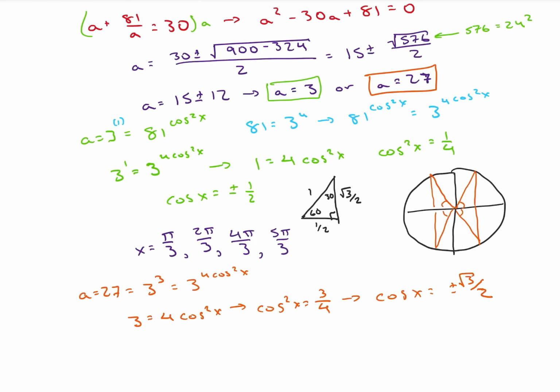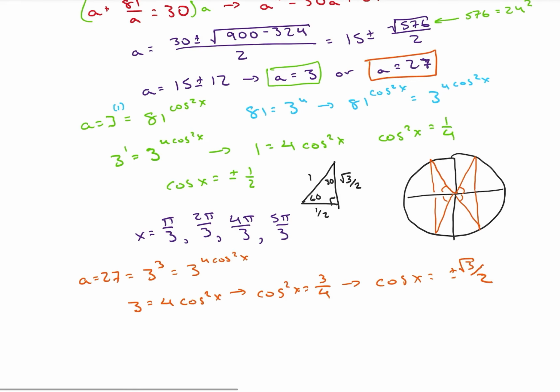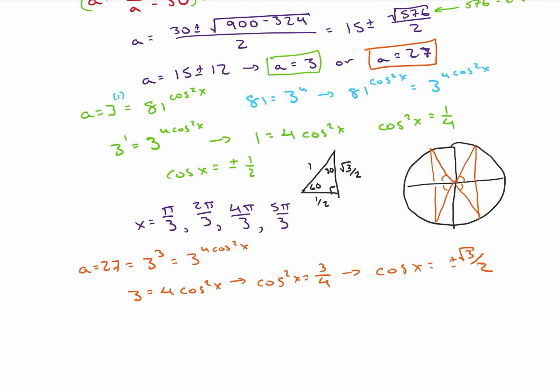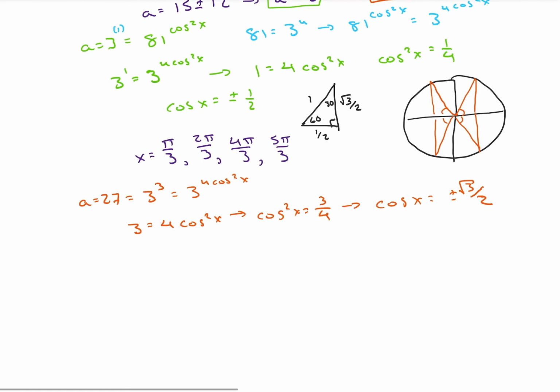And we can use the same triangle we have above, except now we're looking at the 30-degree side. So we're still going to get 4 answers because we can have positive or negative. But now if we look at it, we're going to get solutions at our 30-degree angles from the x-axis.